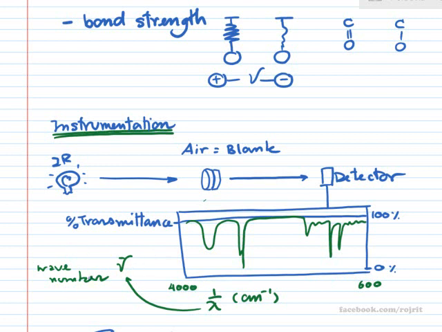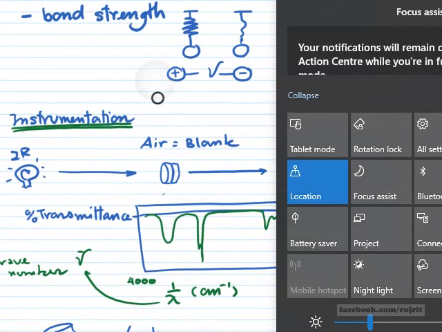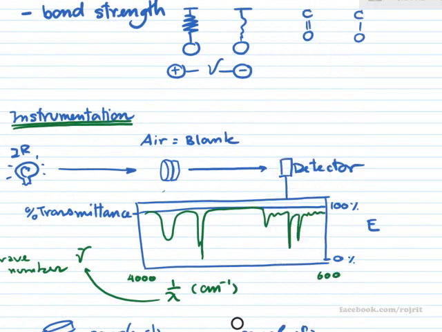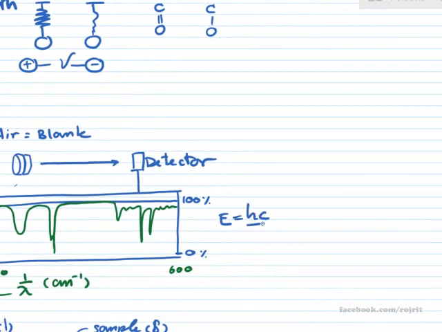The wave number is the reciprocal of the wavelength. By the equation E equals hc over lambda, or E equals h nu.